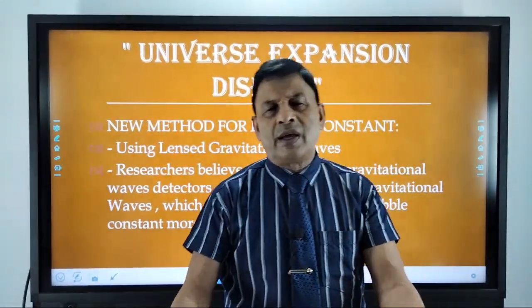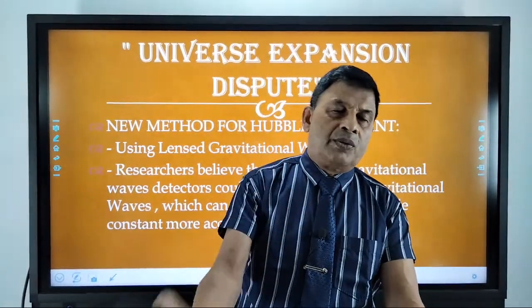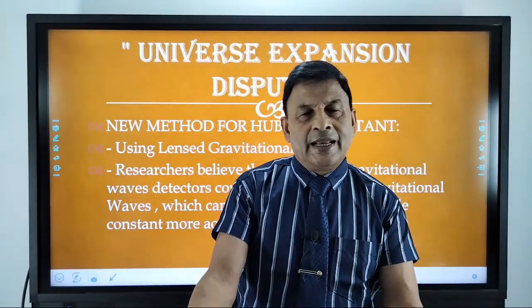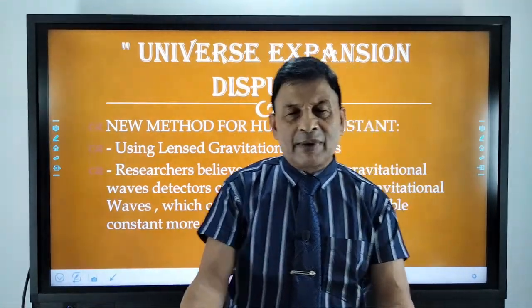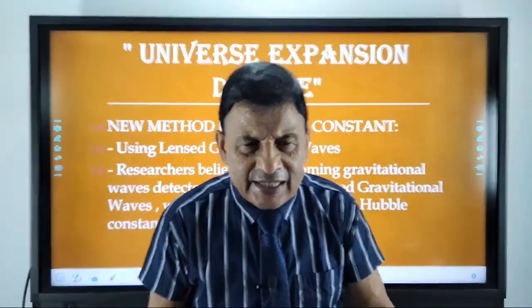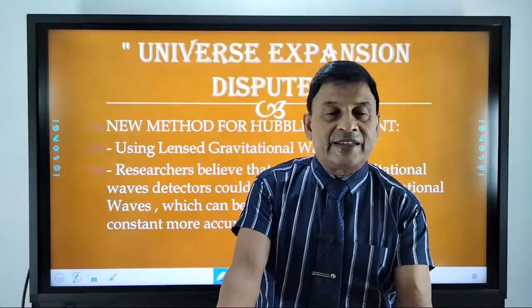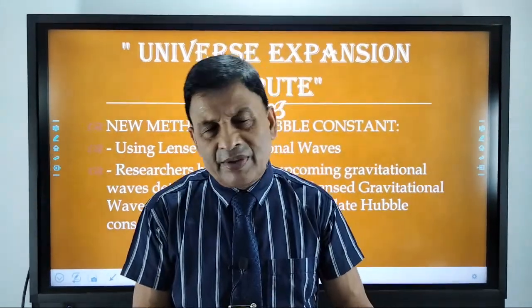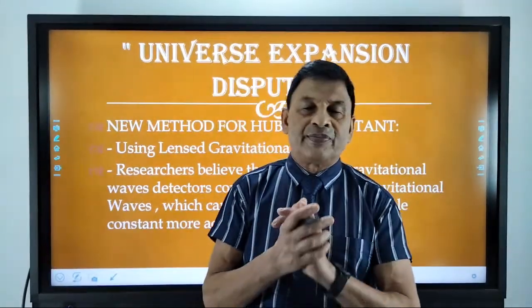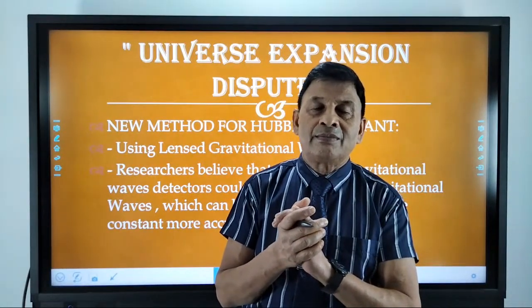New methods for the Hubble constant. Now, this will use lensed gravitational waves. Researchers believe that upcoming gravitational wave detectors could identify lensed gravitational waves, which can be used to calculate the Hubble constant with more accuracy.